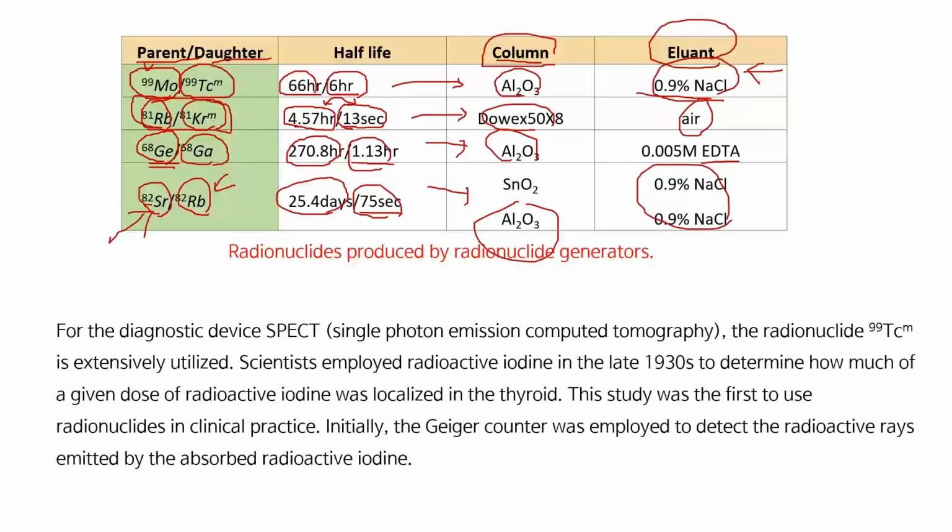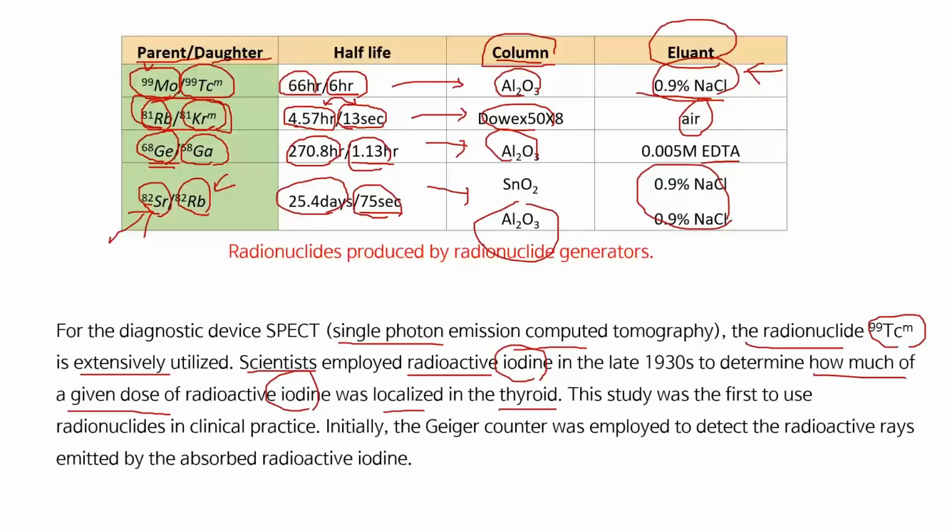For the diagnostic device SPECT, which is single photon emission computed tomography, the radionuclide TC99M is extensively utilized. Scientists employed radioactive iodine in the late 1930s to determine how much of a given dose of radioactive iodine was localized in the thyroid.